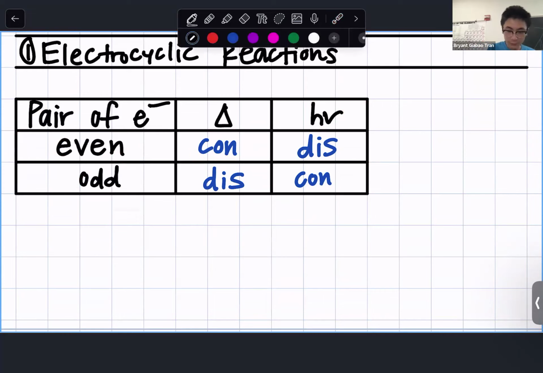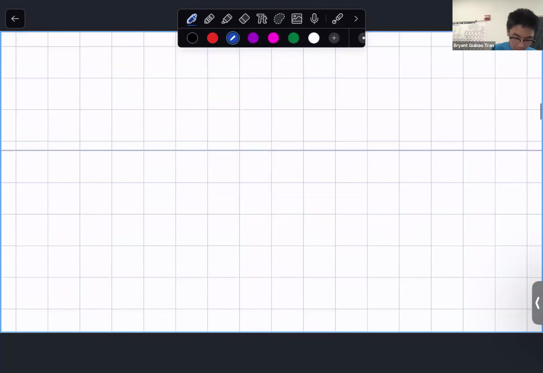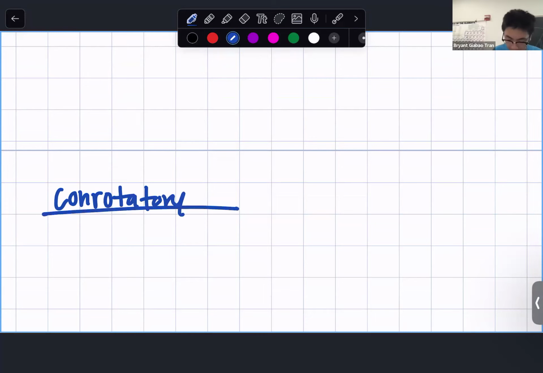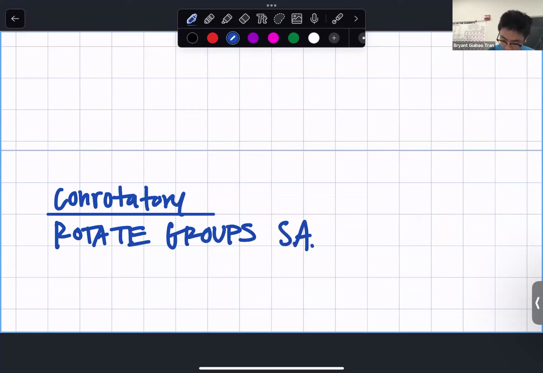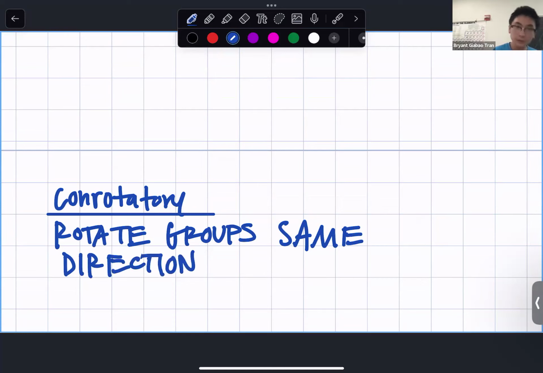So what conrotatory means is that you are going to rotate the groups in the same direction. And the direction that we rotate the groups in are either going to be clockwise or counterclockwise.